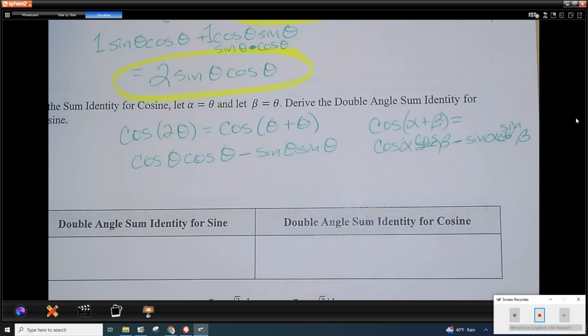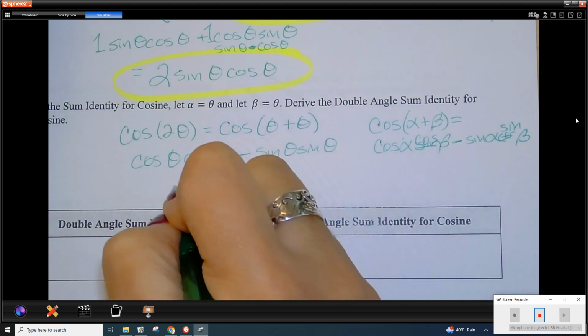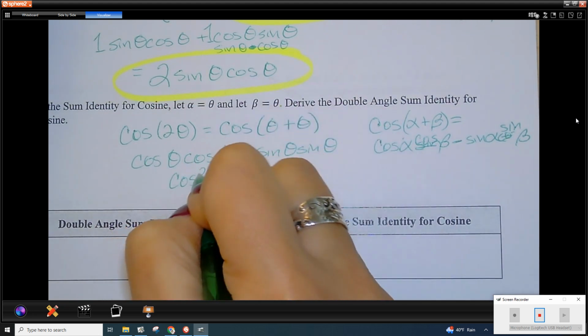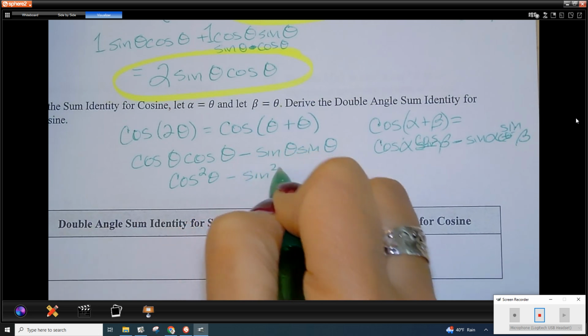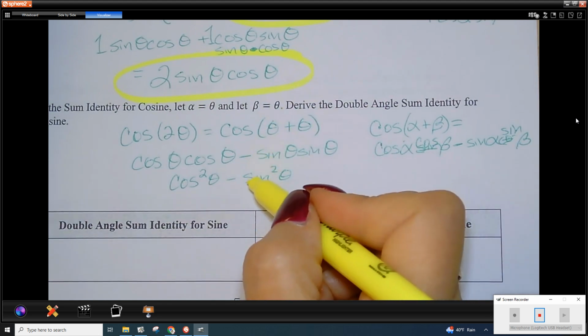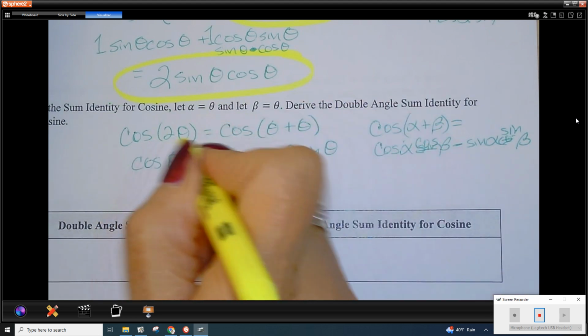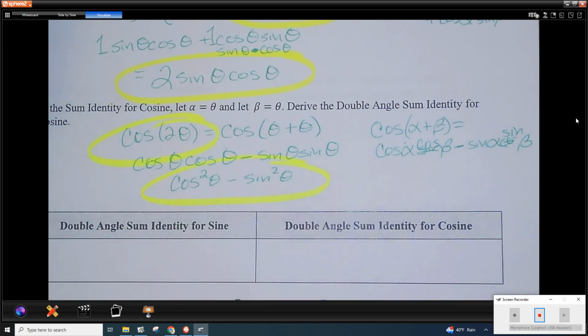And when we do that, if you get something and you multiply by itself, you square it. So this is not the Pythagorean theorem. This is subtraction. So the cosine of 2 theta is cosine squared minus sine squared.